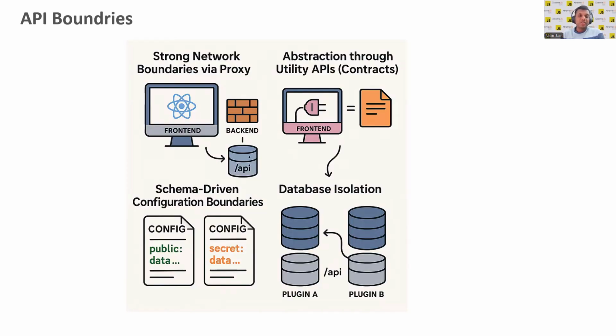So if you see this illustration, you have a strong boundary which you cannot cross because there are checks and balances implemented at the very top. If you have a front-end plugin which requires some data, you need to follow certain patterns. You need to use certain extension points by which you can extract the data from the backend.